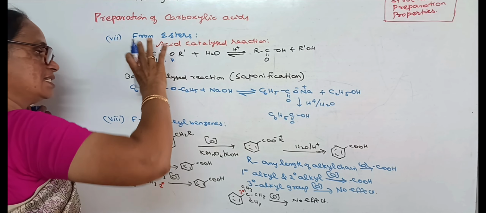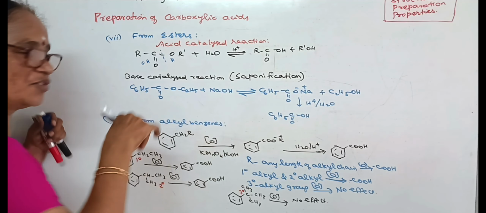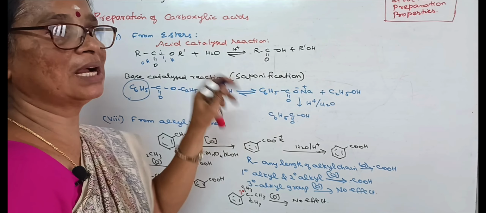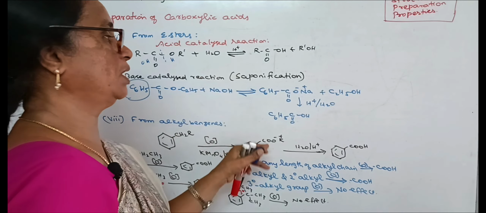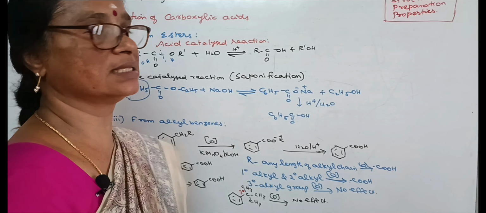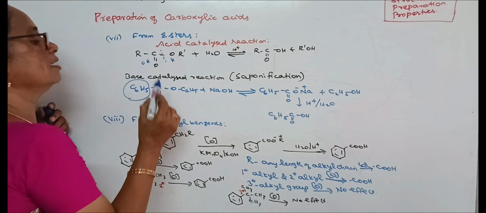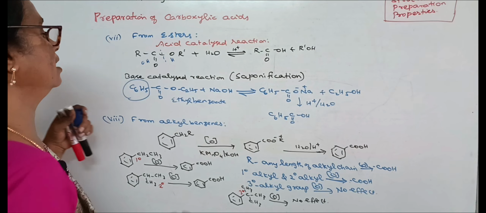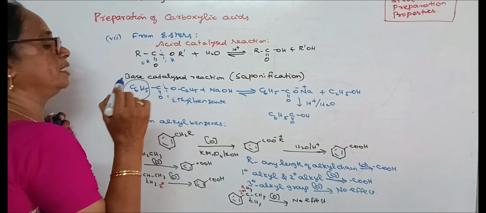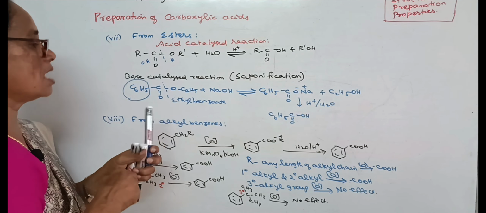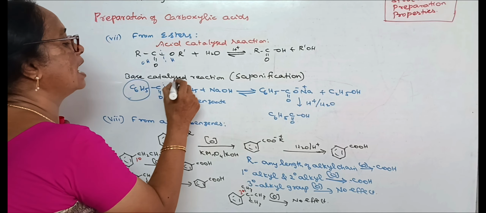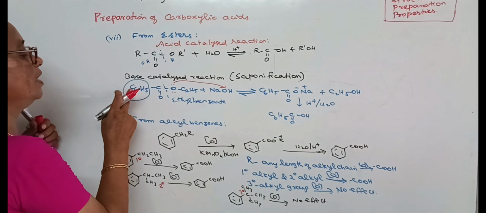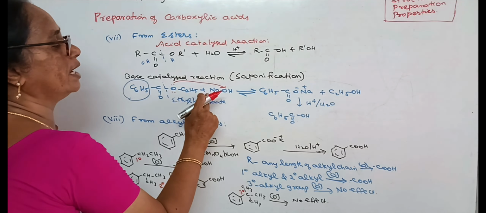Suppose the ester is hydrolyzed in the presence of a base, we will get the sodium salt of carboxylic acid, because soaps are the sodium or potassium salts of higher fatty acids. But here I have taken ethyl benzoate. When it undergoes alkaline hydrolysis, once again the bond breaks here, and this ethoxy group takes the hydrogen atom of NaOH, so I will get C2H5OH, and we have C6H5COONa.